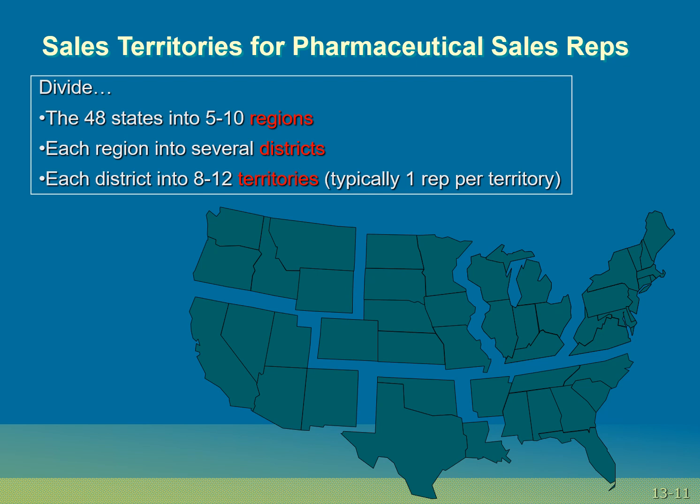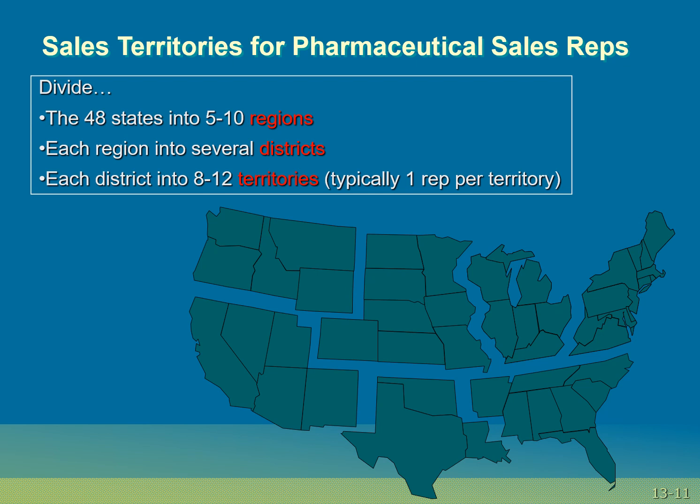This is a territorial design for a pharmaceutical sales rep. You can see the company divides the 48 states, excluding Hawaii and Alaska, into 5 to 10 regions. In this case, there are 7 regions.